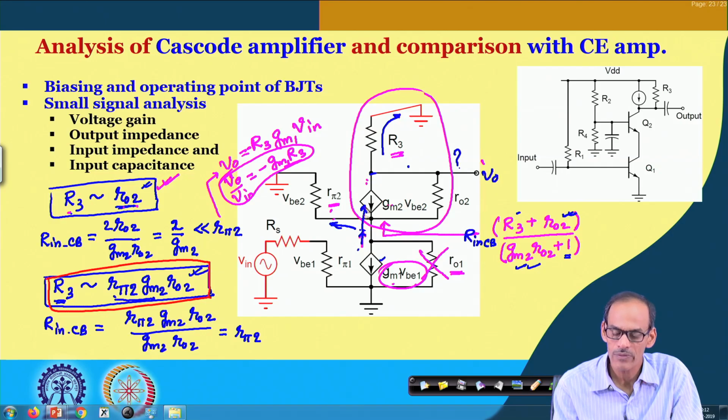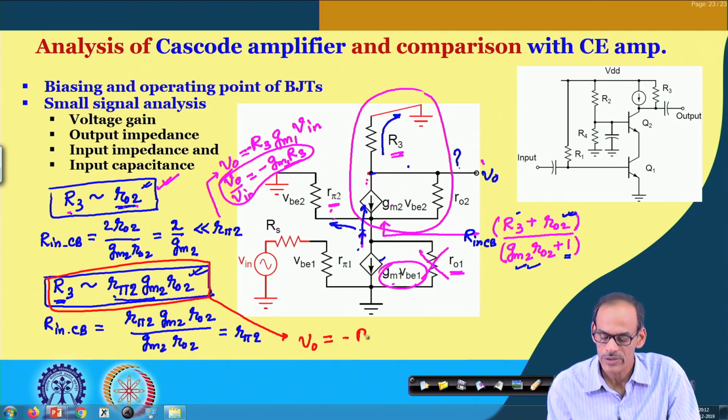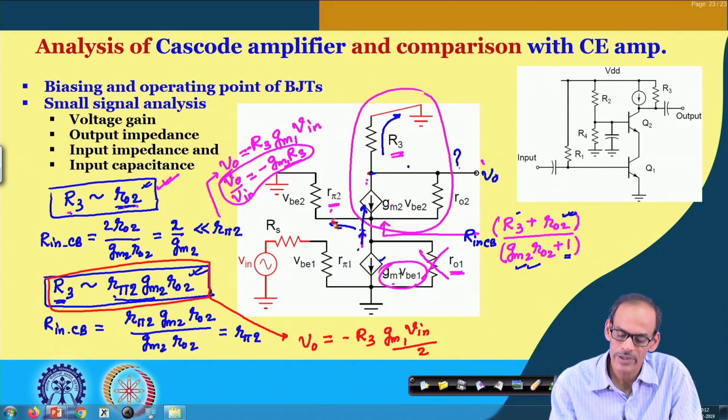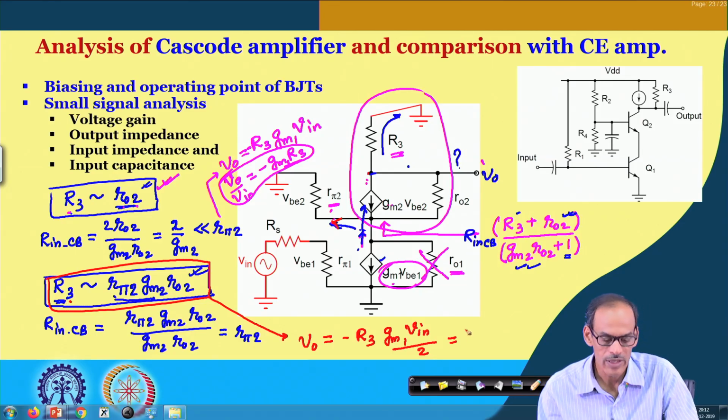On the other hand, if I consider R3 in this order, then only half of the current is entering this circuit, and in this case the corresponding V O will be minus R3 into G m1 V in by 2. Why by 2? That is because half of the current is entering into this R pi 2, which is wastage for us, but then the corresponding R3 is quite high.